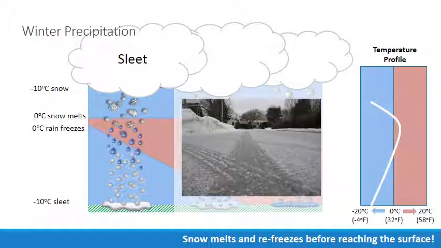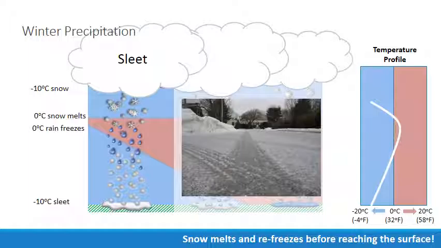For sleet, the bend in the temperature profile occurs much higher in the sky because the layer of cold air near the surface is much thicker. So sleet occurs when snowflakes only partially melt as they fall through that thin layer of warm air.